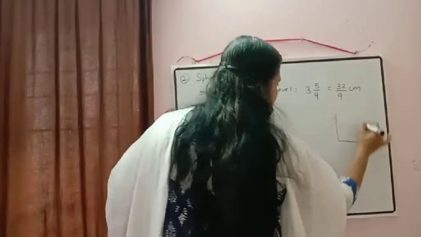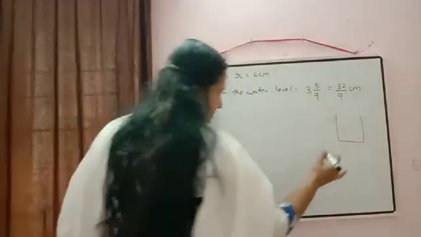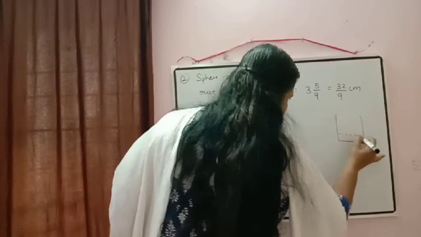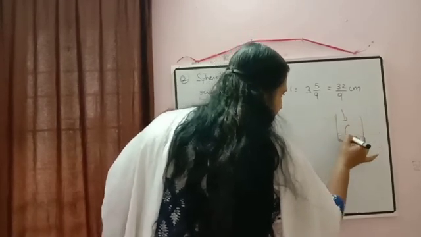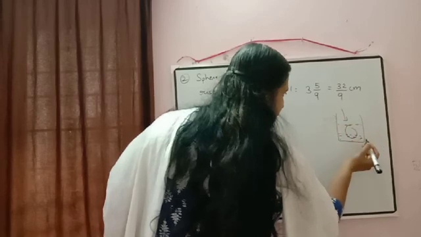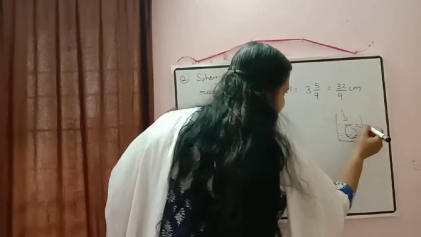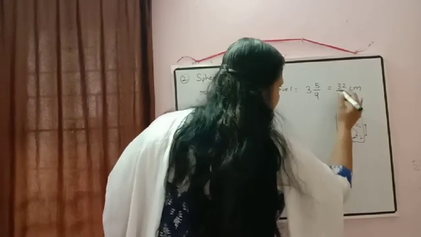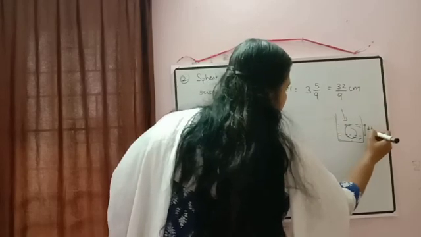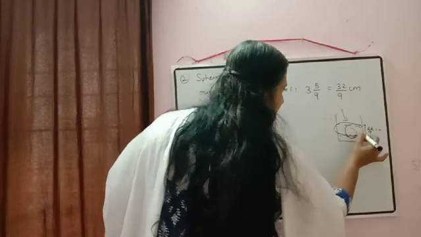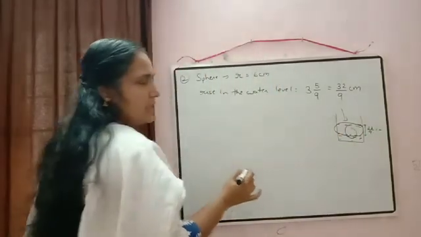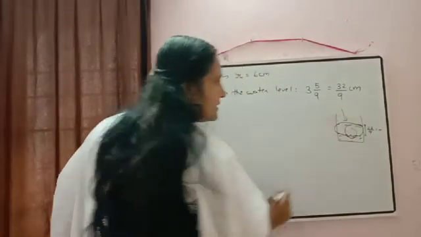So again, a cylindrical vessel was there, already filled with water. When you dropped the sphere, what happened there? The water level rises, and that rise in the water level is given as 32 by 9 centimeter. So again the volume of the rise in the water level will be in the form of a cylinder.